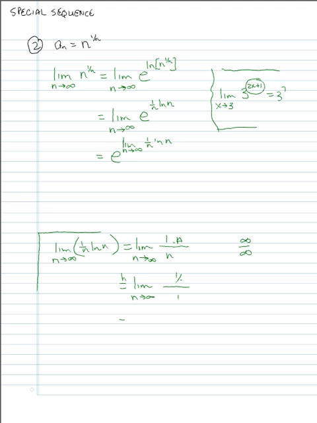And so we end up having to deal with the limit as n approaches infinity of just 1 over n, and of course that's 0. So when we come back up here, what we have is e to a power, and the calculated limit we just found is 0. So our original limit that we're interested in is e to the 0, which equals 1.